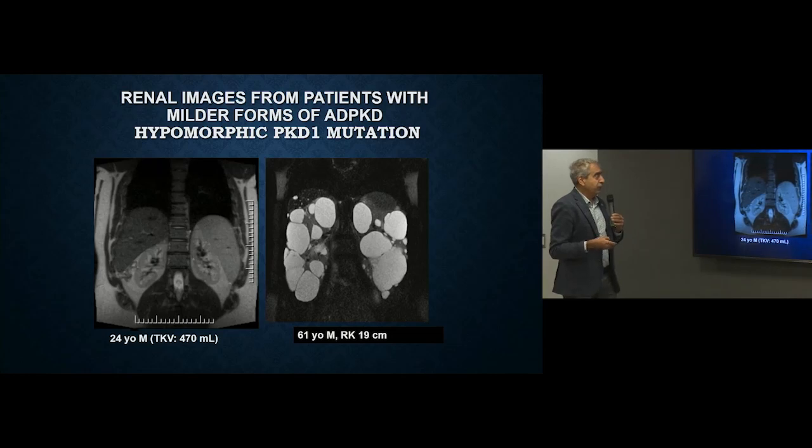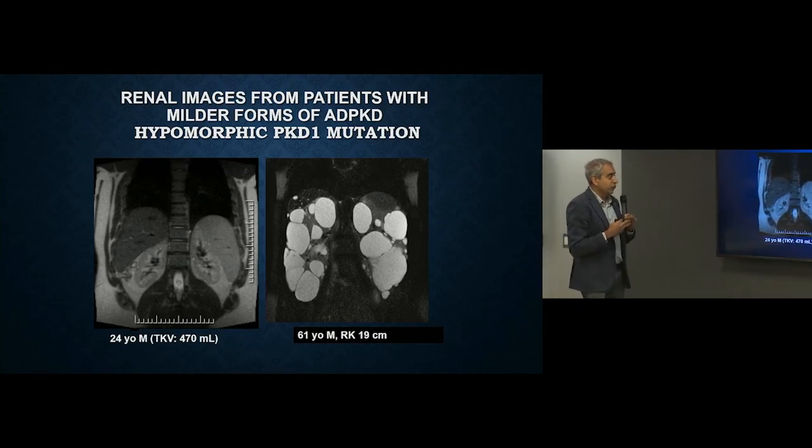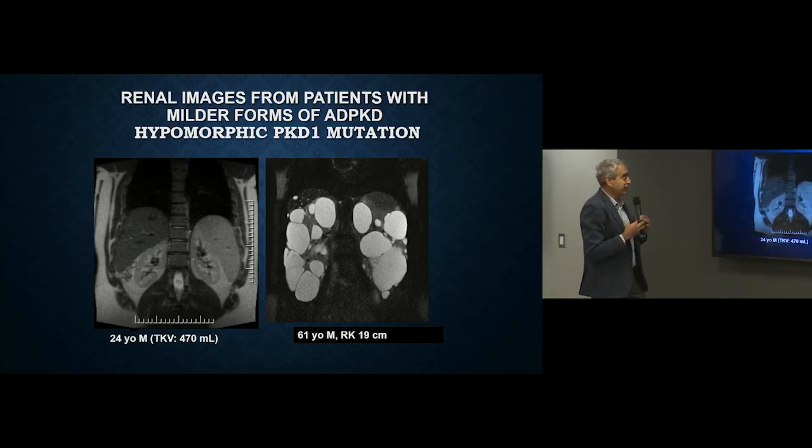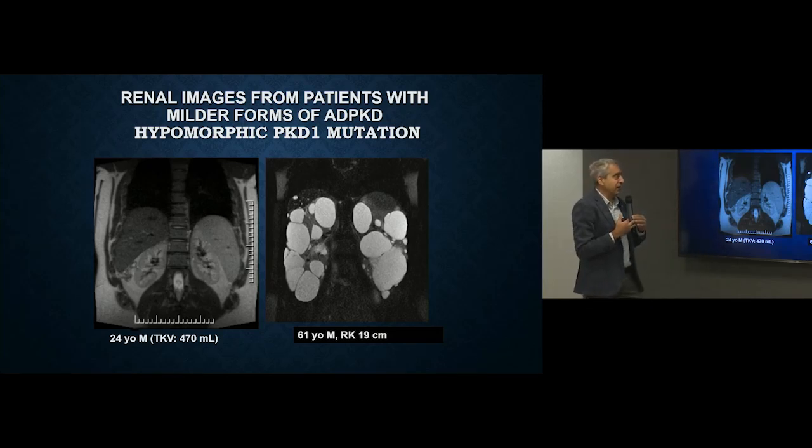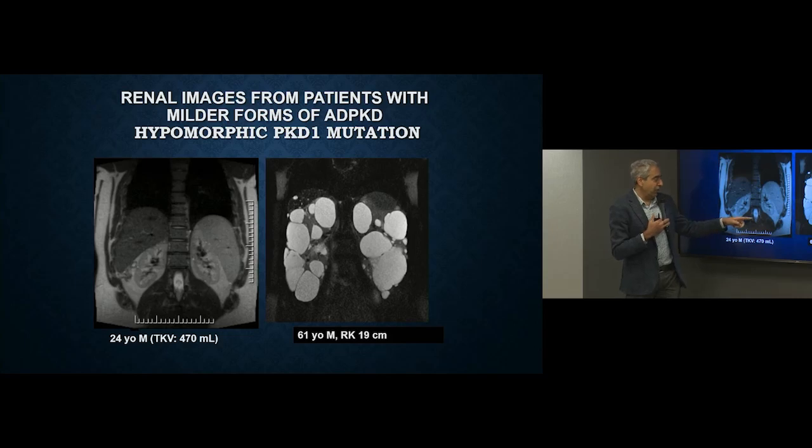And then we've also heard about milder forms of autosomal dominant polycystic kidney disease. So these are patients with PKD1 mutations, where there is more function than in the more severe type of PKD mutations. In this patient, for example, a 24-year-old male, very lucky in the sense that we hardly can see cysts.